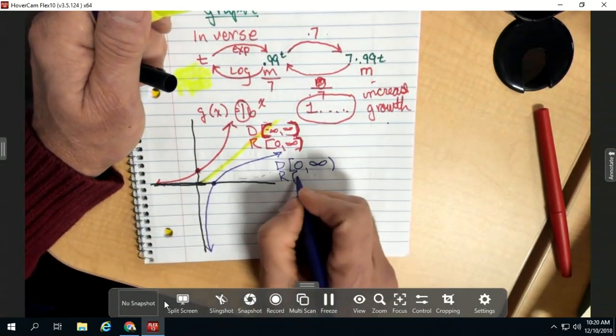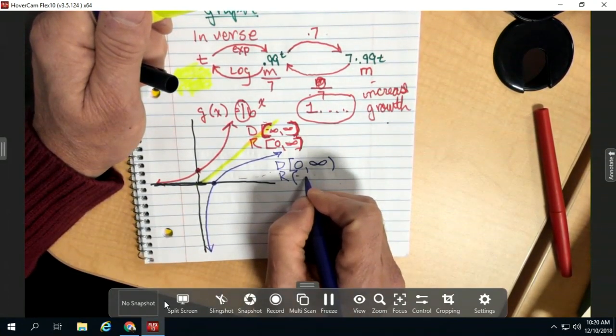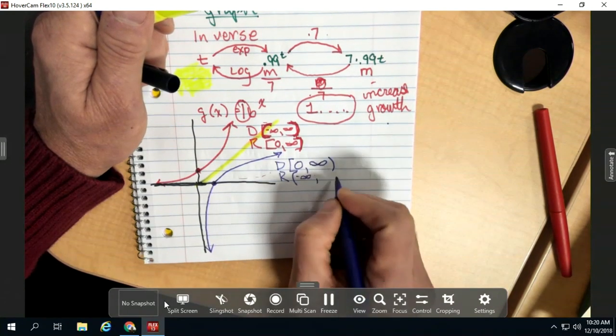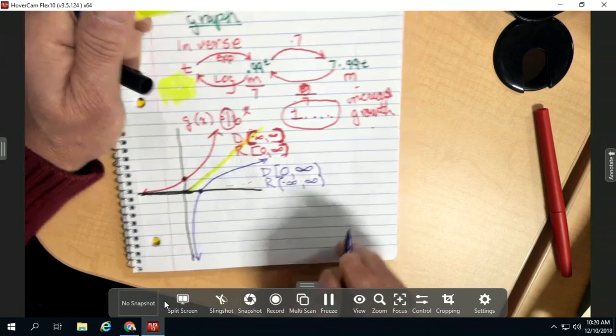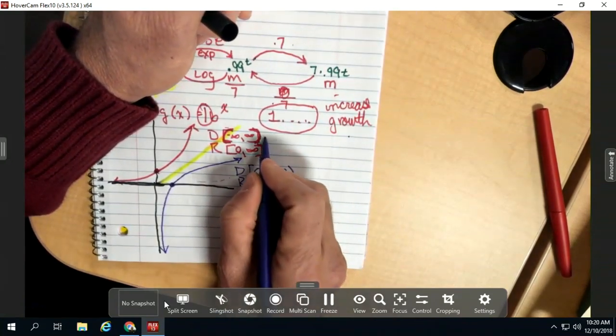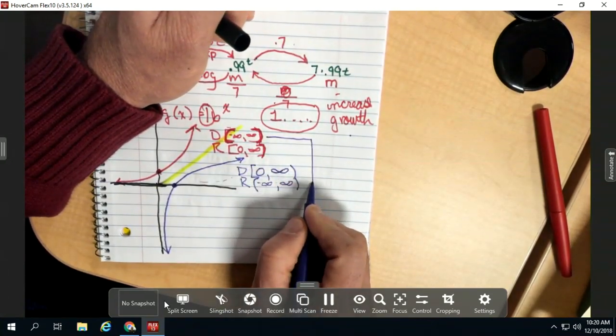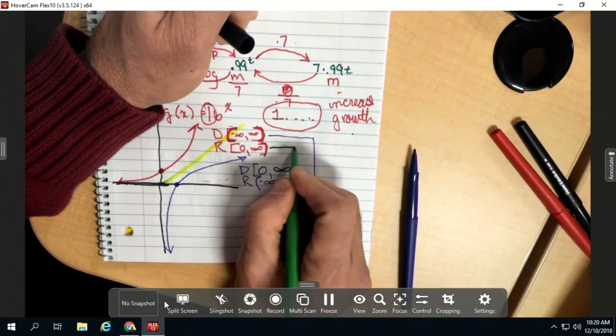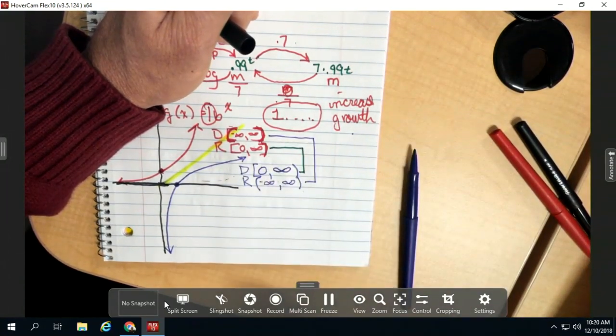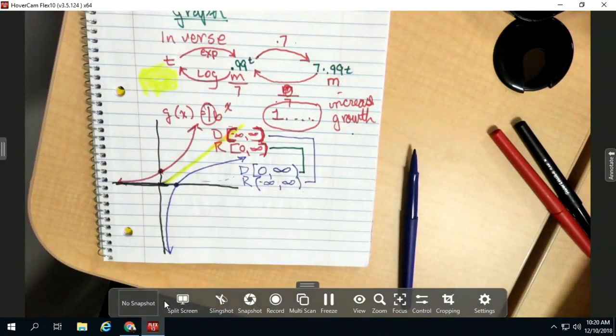How far down do we go? And how far up do we go? The domain of a function is the range of its inverse. The range of a function is the domain of its inverse.